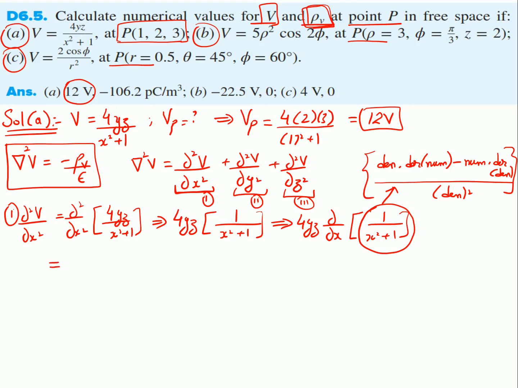So this equals 4yz partial first derivative. Once you take this equation, you take the denominator, which is x square plus 1, then you take the derivative of the numerator, so the derivative is 0, then you again take the numerator, then you take the derivative of the denominator, so the derivative of x square plus 1 will be 2x, and then you divide it by the square of the denominator, x square plus 1 whole square.